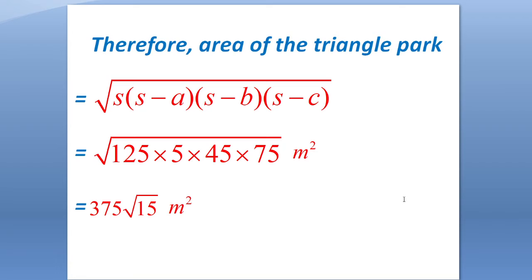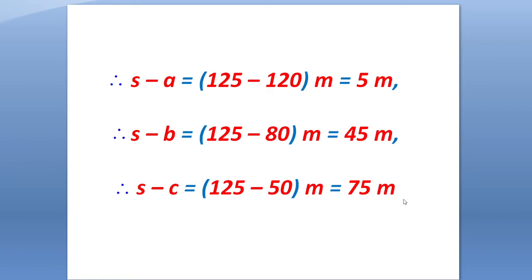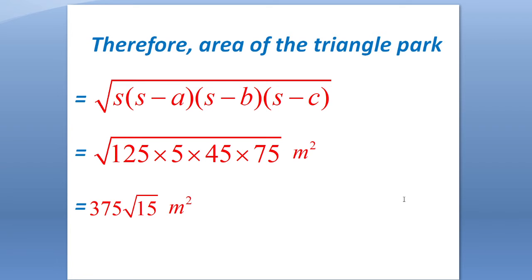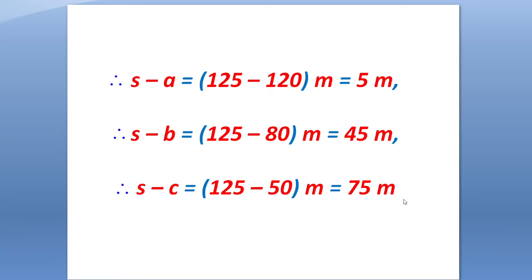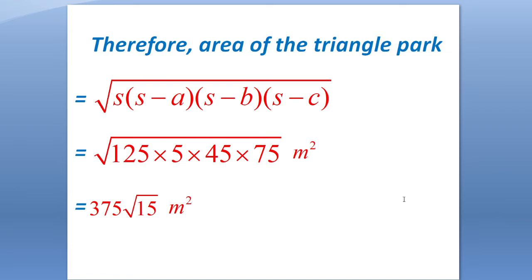So find the area using Heron's formula, which is under root s into s minus a into s minus b into s minus c. So under root, s is 125, s minus a is 5, s minus b is 45 and s minus c is 75. So this gives us 375 root 15 meter square.